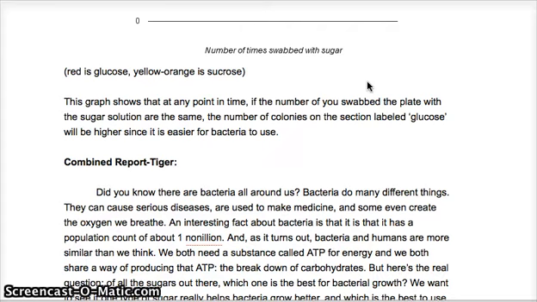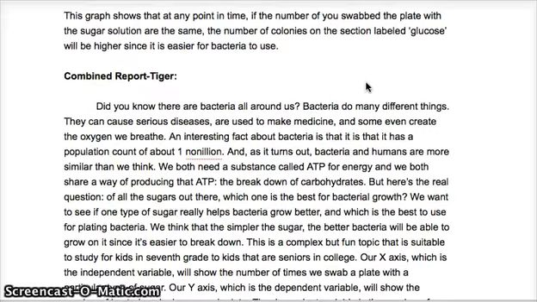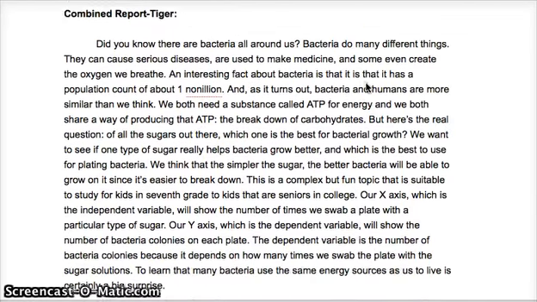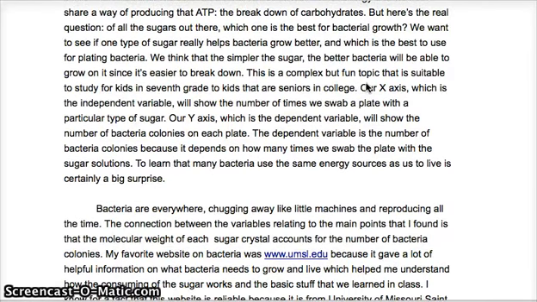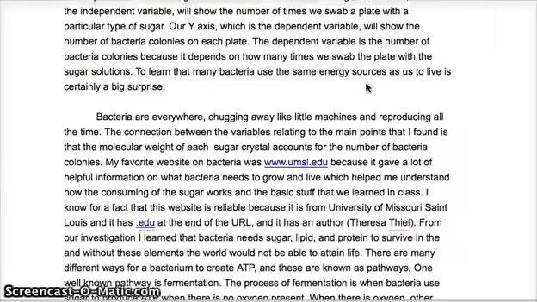I did the combined report as well, and we each did our own independent bacteria report, but I just combined them and wrote a few sentences on why, just to make the sentences flow together.